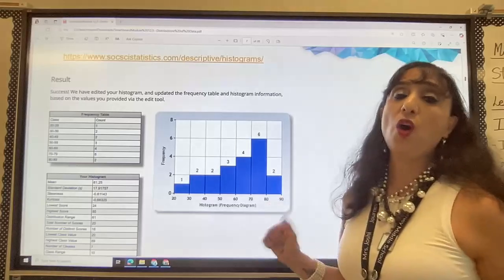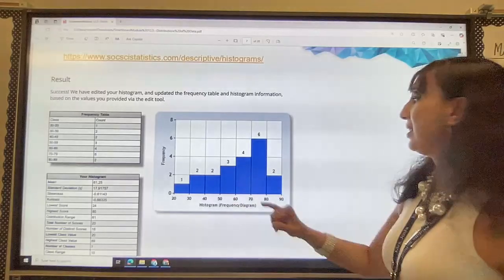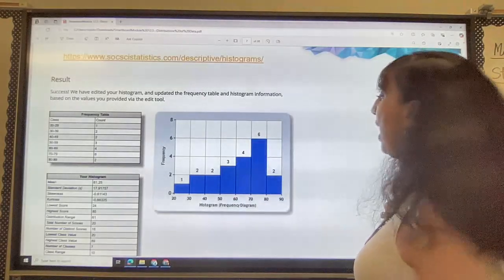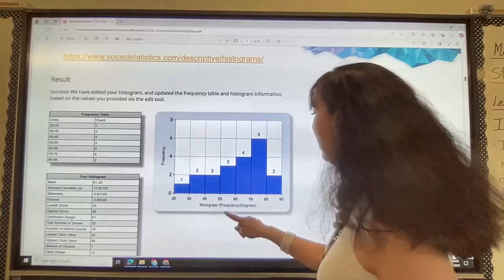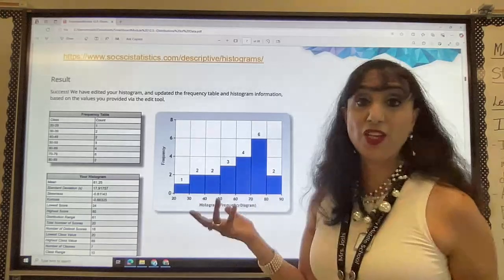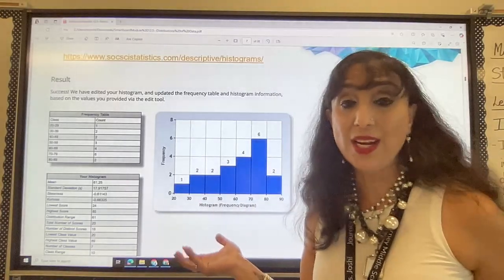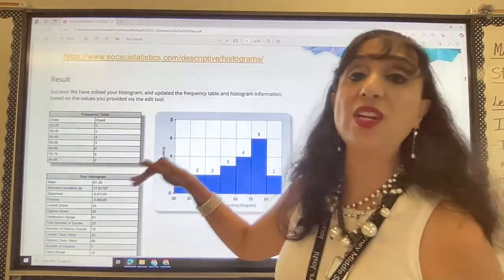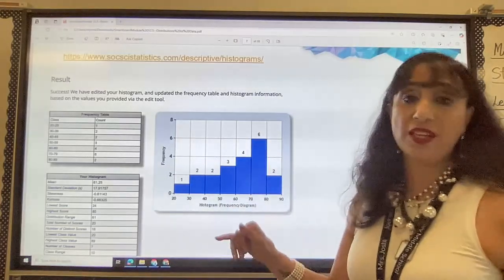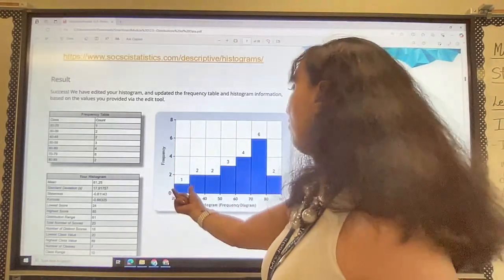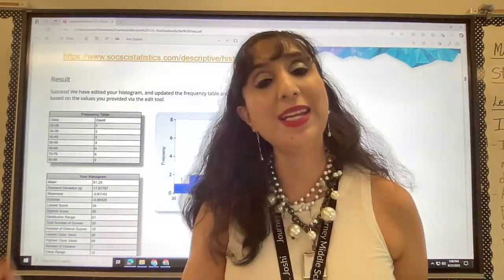All right, so once I have this, I can see the frequency for each. I know that this graph, this is my high end. So my left tail end is much longer than my right tail end, right? So this graph is skewed left. And because my graph is skewed left, I know that these lower values are pulling my mean down.